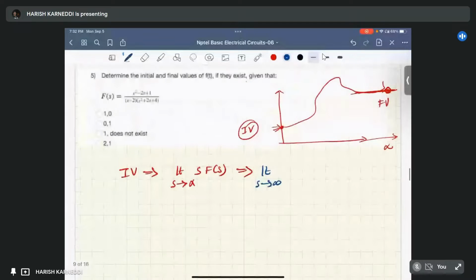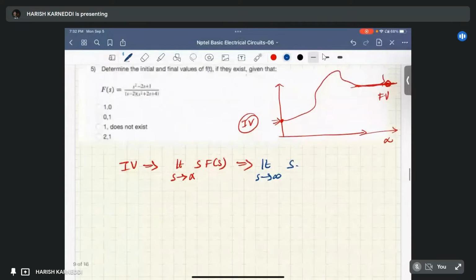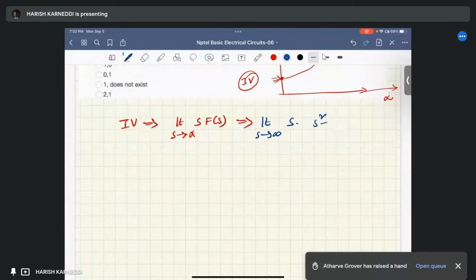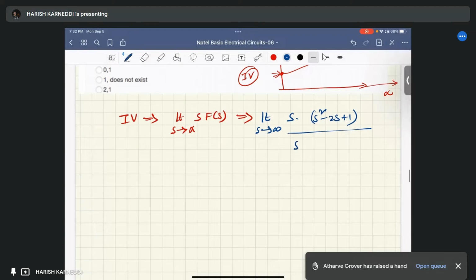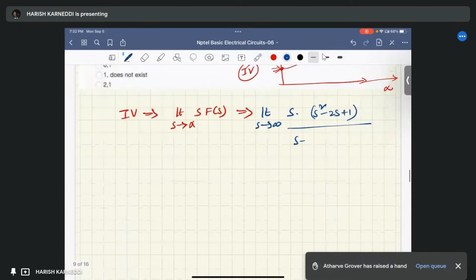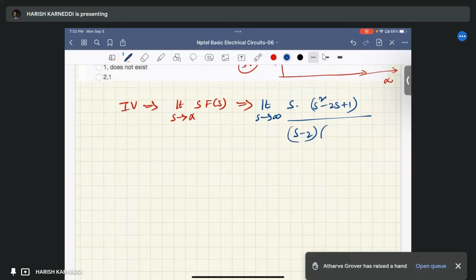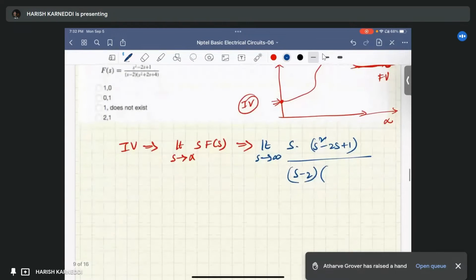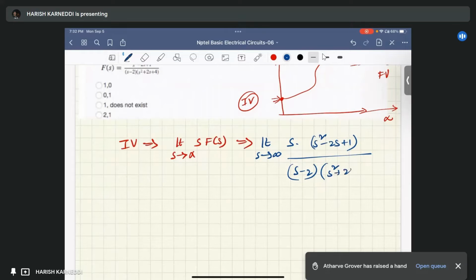Our function is s square minus 2s plus 1 by (s minus 2) into (s square plus 2s plus 4).